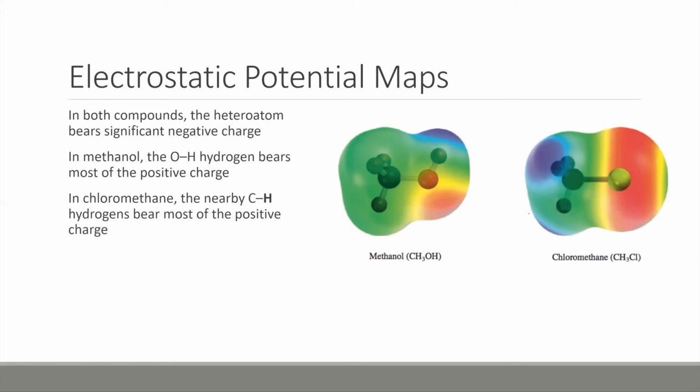We can see that in our electrostatic potential maps. You can see that here is our oxygen in methanol. You can see that the red, remember, means partial negative. Here is our chloromethane. Here's the chlorine, and again, the red is the negative area.